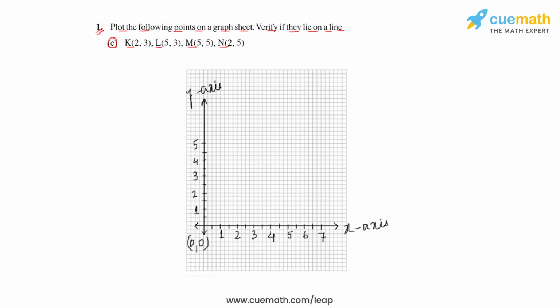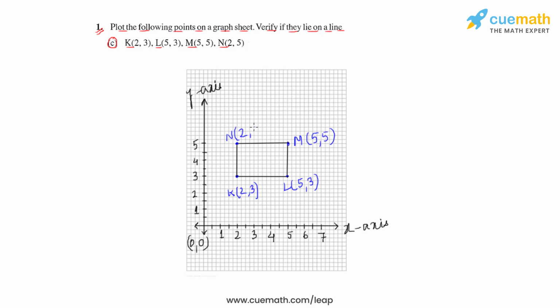So if we consider the line graph, we'll get this as the graph where this point represents K (2, 3). This represents L (5, 3). This represents M (5, 5), and this point represents N (2, 5).